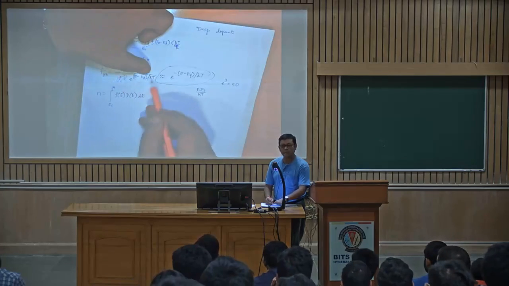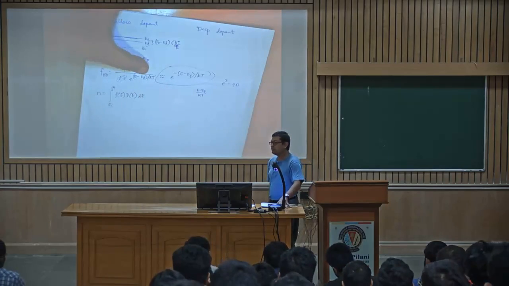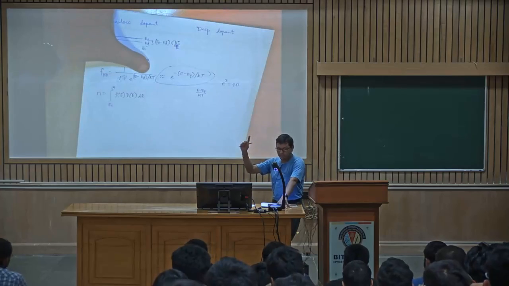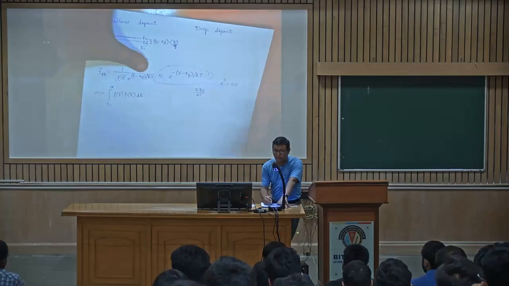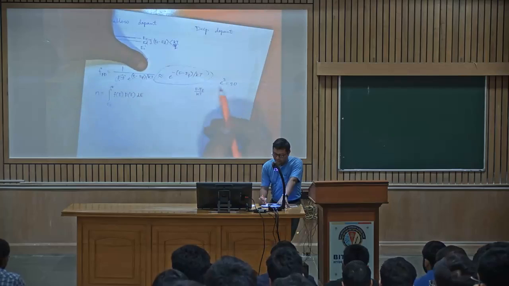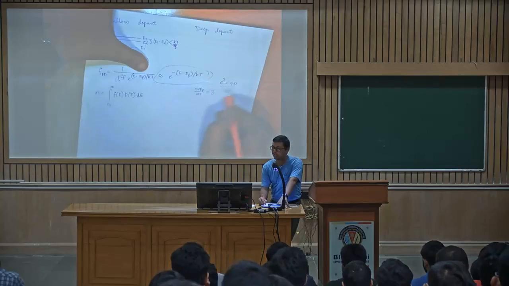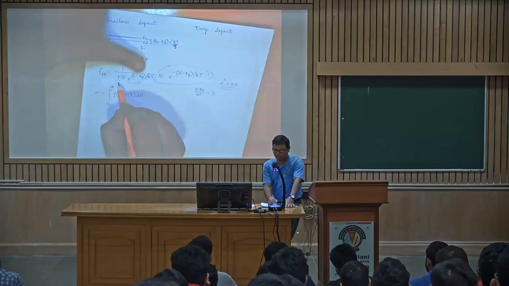So what should (E minus EF) by kT be? Suppose E equal to EF. What is that value? e to the power of 0 is 1, so it becomes 2.7 or something. Now if (E minus EF) by kT is equal to 3, then e to the power of 3 is 20. So this becomes 20 and this is 1.